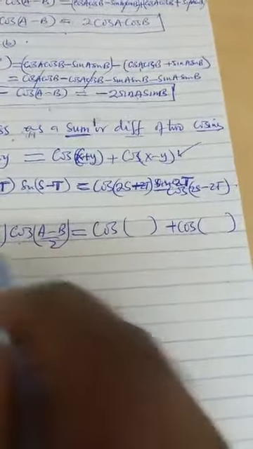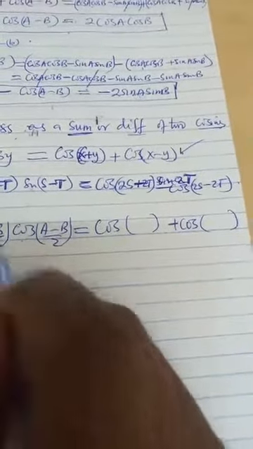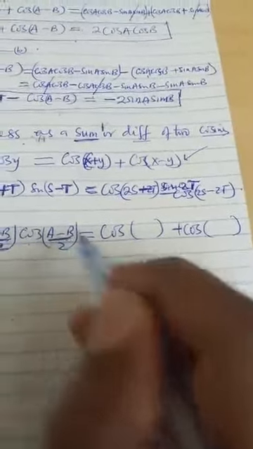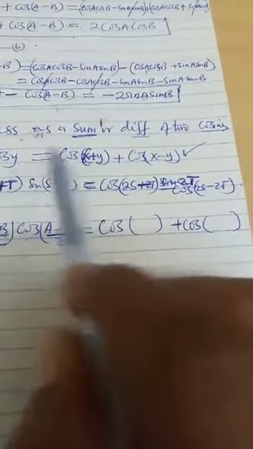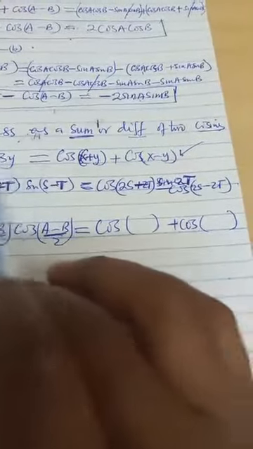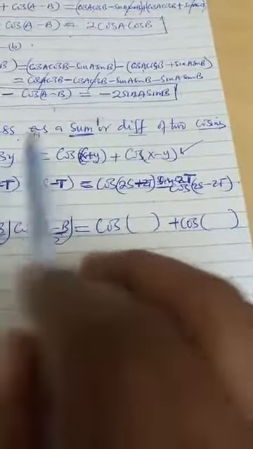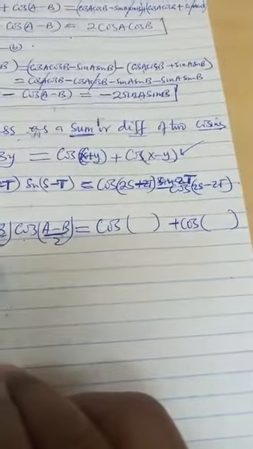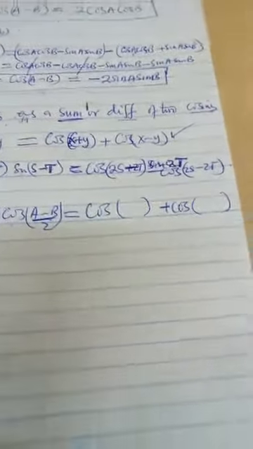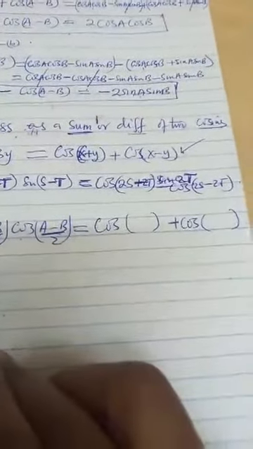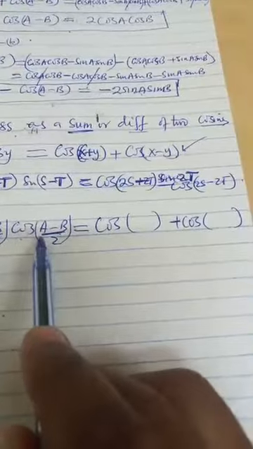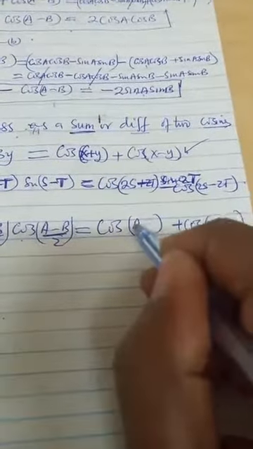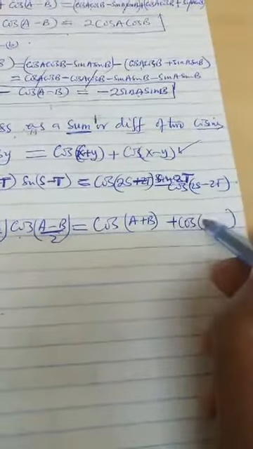Now, if it is a plus b over 2, we get this by looking at, like I told you, that if it is a single angle, you look at the addition of those angles. Now here, when you add them, you will get what? You will get a over 2 plus a over 2, which is a, and it will be that and this.